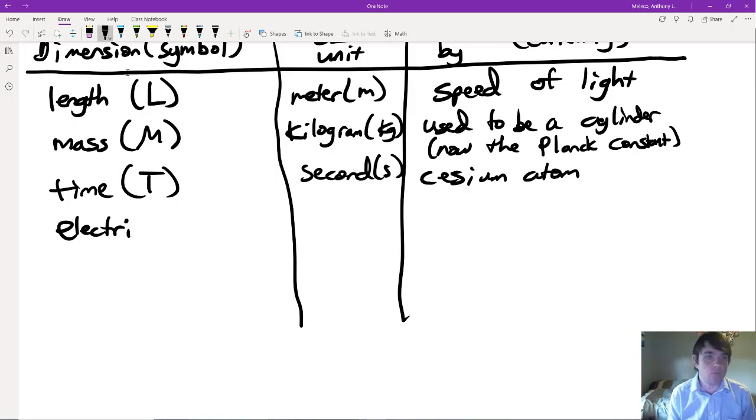So you'll see length, mass, and time. This is what we do in Physics 1. We'll pretty much use these exclusively. Length, mass, and time.